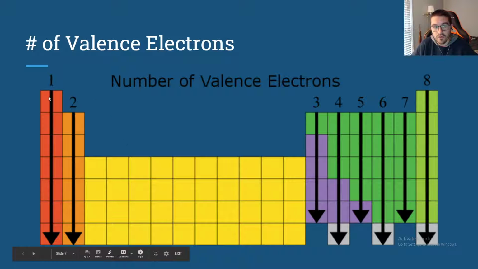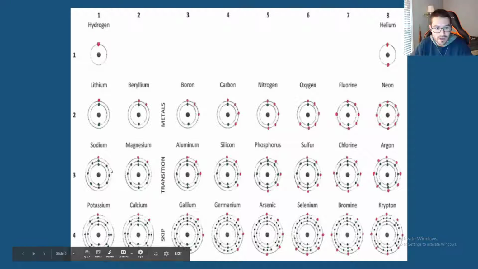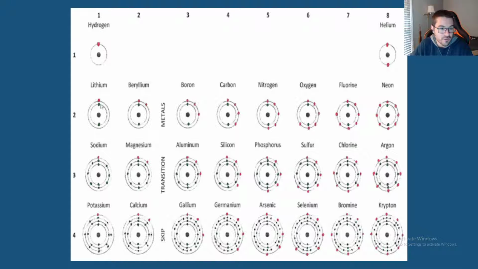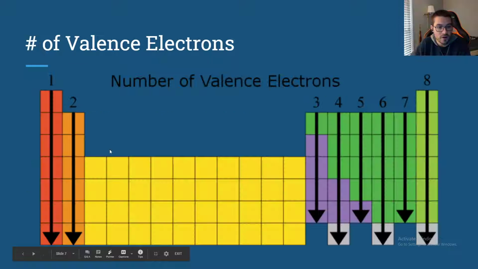But if you're only talking about these elements over here on the left side, or these elements over here on the right side, you can use this nice little rule to determine the number of valence electrons in an element. Okay, all of these are going to have 1 electron on the outside, right? And if I go back and show you, hydrogen, lithium, sodium, potassium. These guys all have 1 electron on the outside, 1 valence electron.